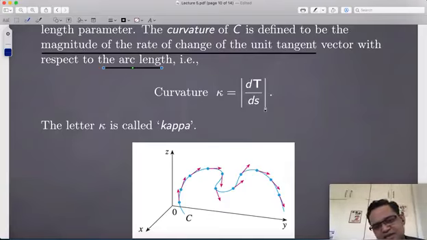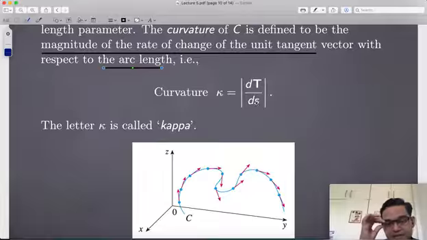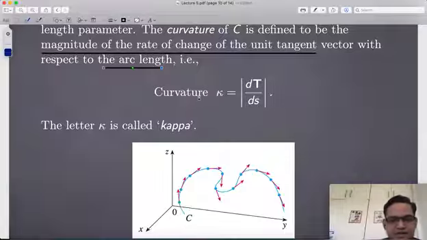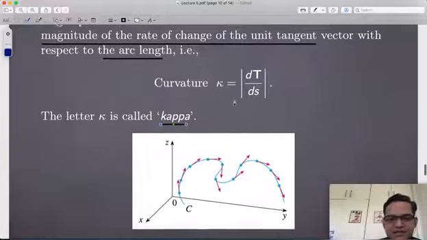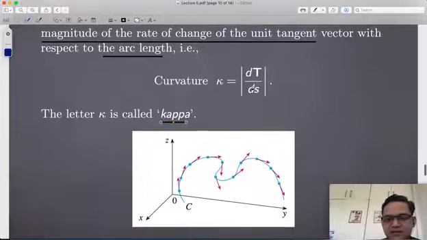Let us see if we can write it, because here there are two things. One is that the tangent comes, and then you have to take the derivative with respect to arc length, so you have to basically compute the integral also. This notation is called kappa. This is not k, this is kappa. Let us see what useful formulas we can have to compute the curvature.